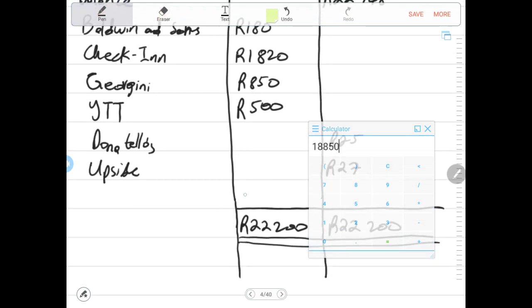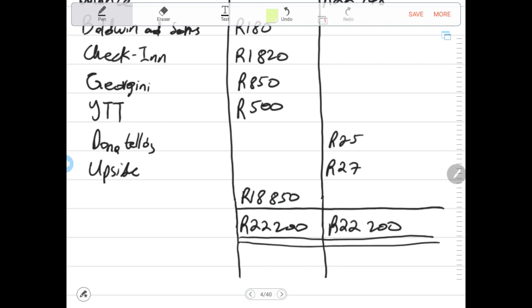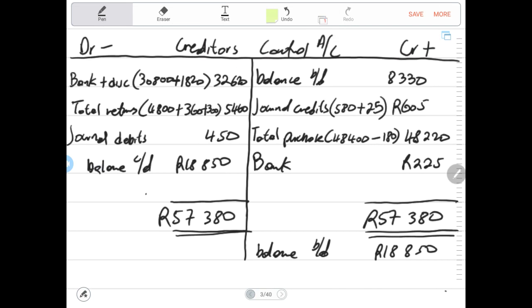That gives us a total of 18,850. This sounds like a familiar amount. Then we have our balance carried down, which is the 18,850, and this is the same as the 18,850.